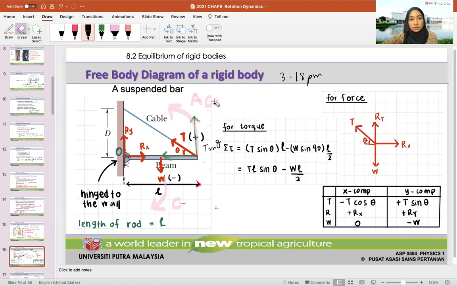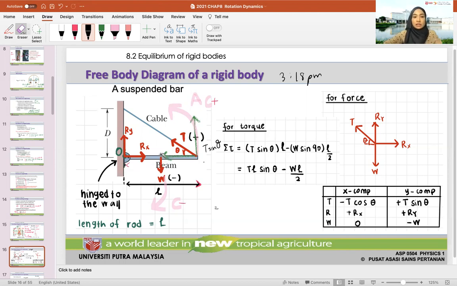So a torque that is anti-clockwise will give me positive, a rotational motion that is anti-clockwise will give me positive torque. And then the beam has a radius of L over 2. How did I define that? Because the weight of the beam is at the center of the mass. So this is L over 2.